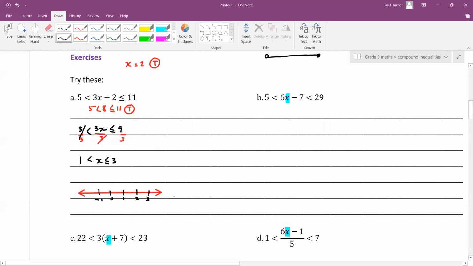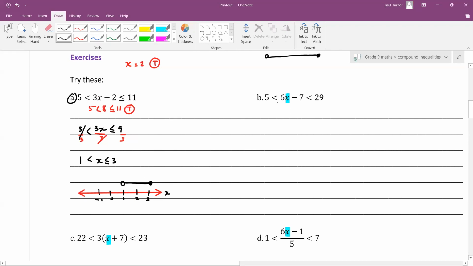Just a few numbers, x, and between 1 and 3. So mark off 1, not including 1, and up until including 3, like that. That's your solution. That's your answer. So any number between 1 and 3 will make this true up here.